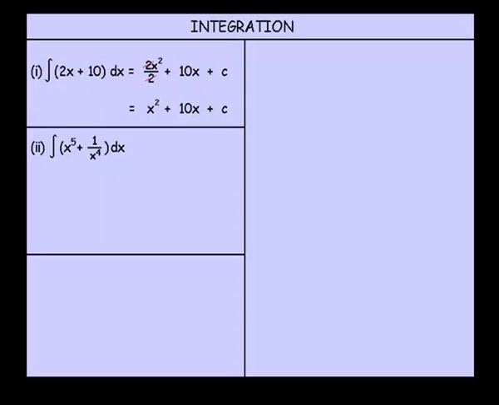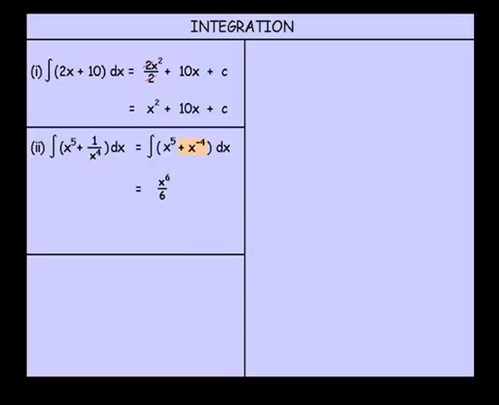Question 2. Integral of x to the 5 plus 1 over x to the 4 dx. Well, we'll need to rewrite that because we can't have any fractions with x on the bottom, so we've just changed the 1 on x to the 4, we've rewritten it as x to the power of negative 4. So let's integrate one thing at a time. X to the 5 will be x to the 6 over 6. Okay, don't forget we're adding 1.